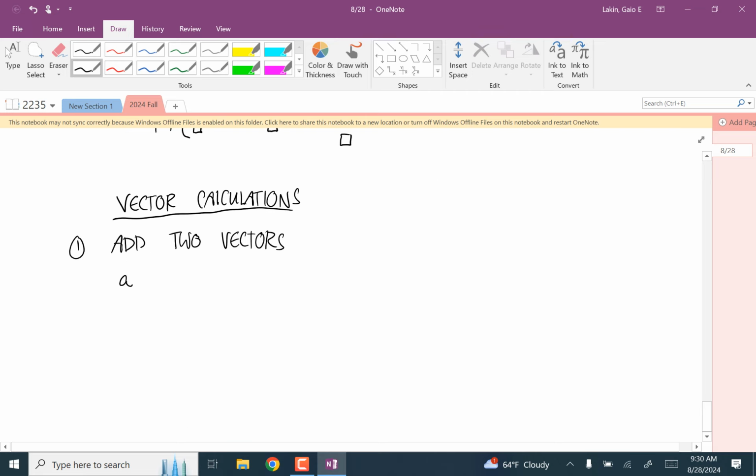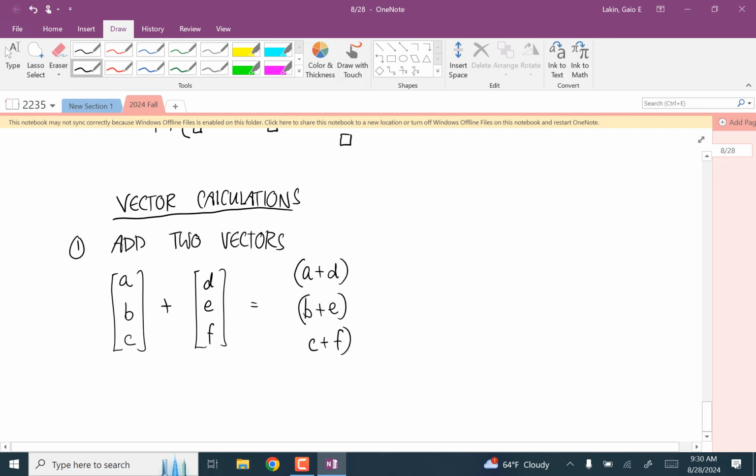And the meaning of this is if you have A, B, C plus D, E, F, the sum of these two vectors is A plus D, B plus E, C plus F. Okay, so if you do it by hand, you can do it that way.